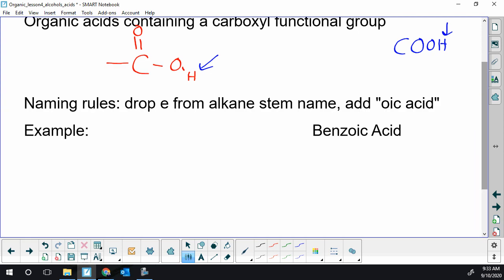Naming rules. We're going to drop that E again from the alkane stem, and we're going to add oic space acid.